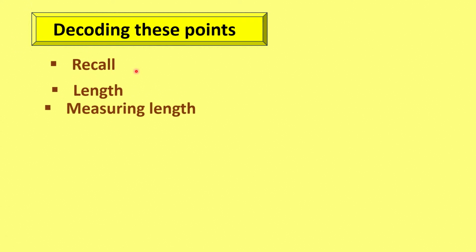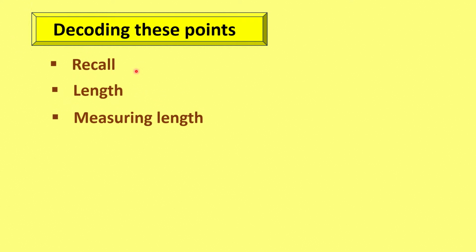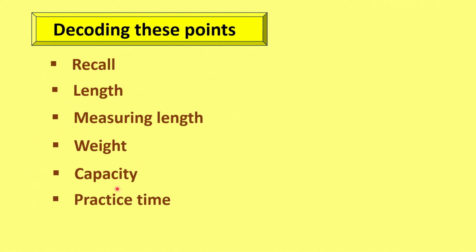After that, we use a unit for measuring length. After that, we talk about weight. And after that, we talk about capacity. And the last one is our practice time. Okay, hope you got all the points from here.